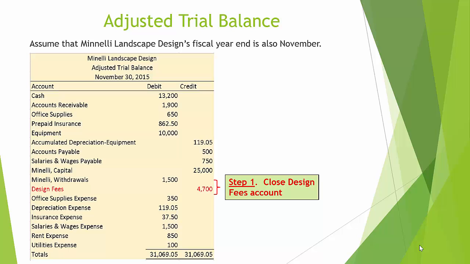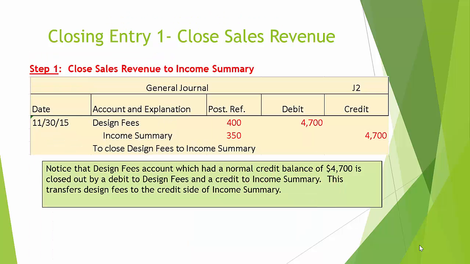Okay, step 1, we're going to close the design fees account. So there's only one revenue account, with a balance of 4,700 credit. So the closing entry for step 1 would be debit design fees, the revenue account, 4,700, and credit income summary, 4,700.